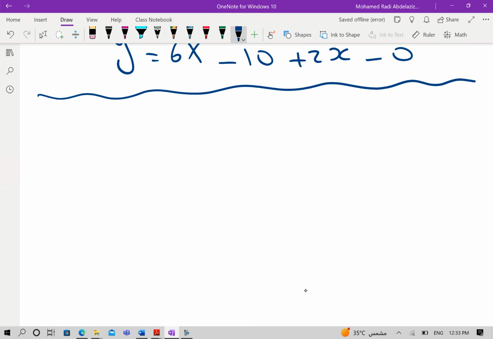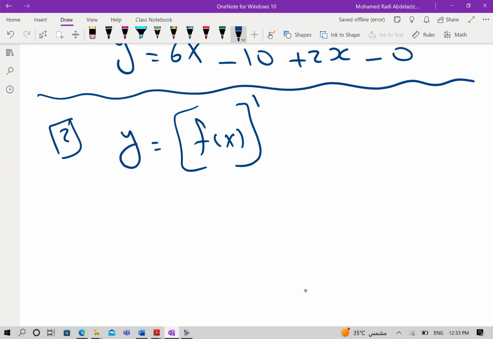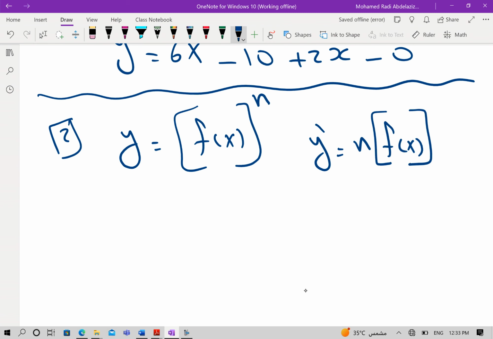What else in AS level? Chain rule. If you remember, for a function to any power n, how do you differentiate? Anyone? n comes down. Write the function itself again to the power of n minus 1, then multiply by the derivative of the function.